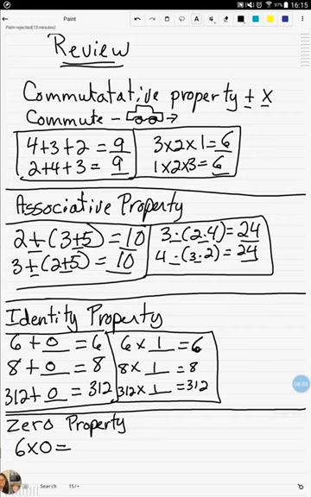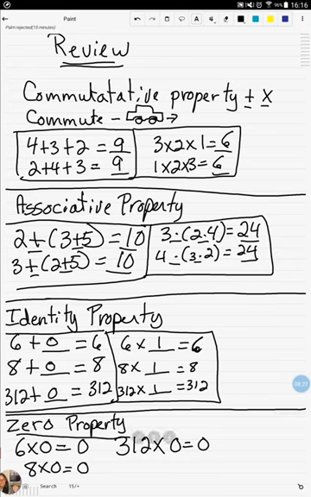None. Then you got nothing, right? 0. 8 times 0, 0. Even if I have 312 times nothing, I still got nothing. That's the 0 property, right? Is the idea that no matter what I do, if I multiply it by 0, it's 0.